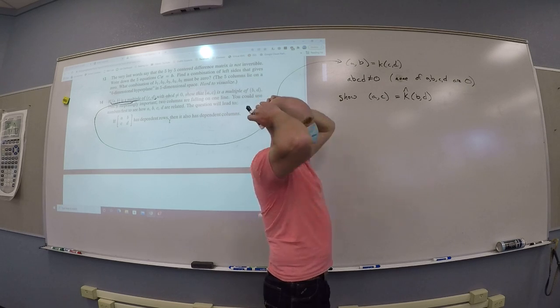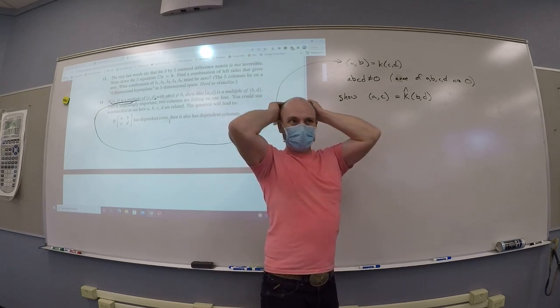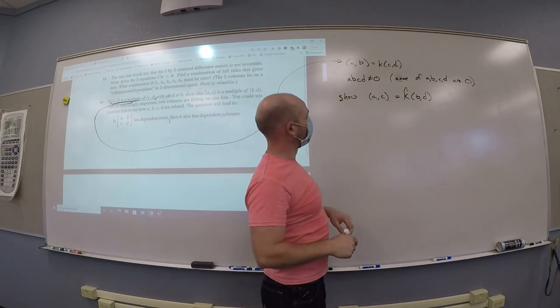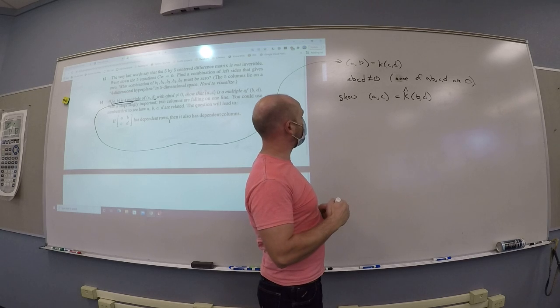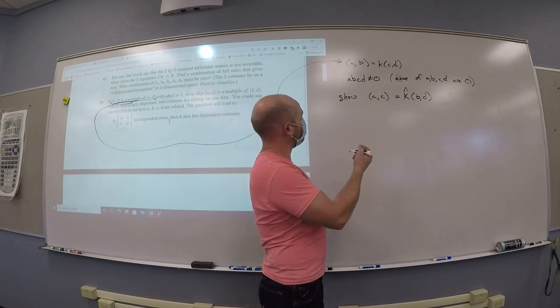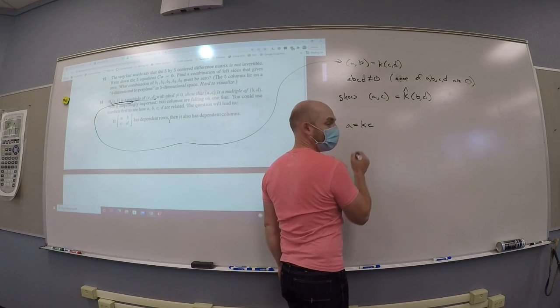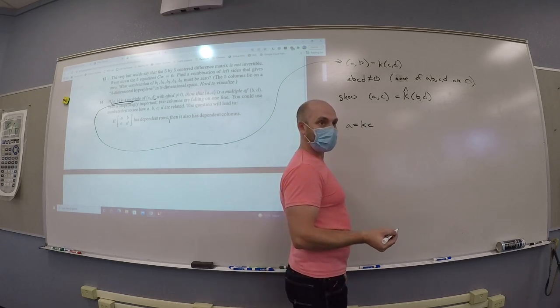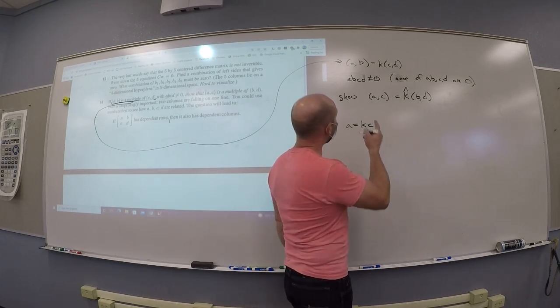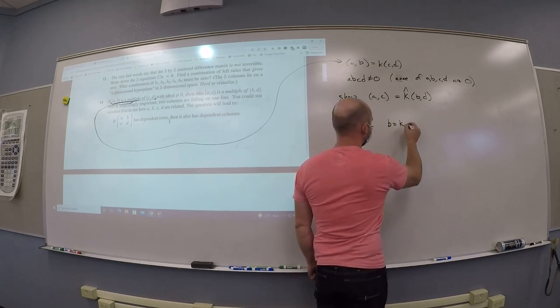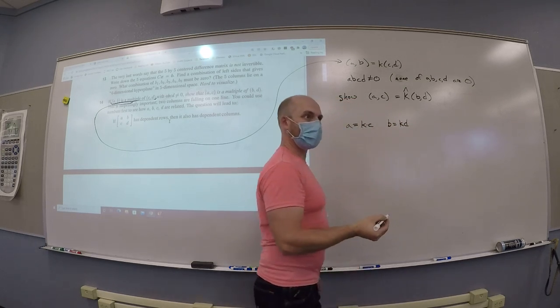You can put it in matrix form, or show it through linear combinations. I could maybe even just write down that A is K times C. Proportionality, right? And I know that B is K times D.